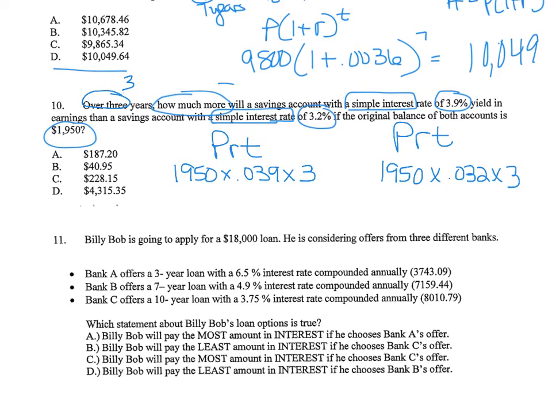The years was 3, so I did 1950 times 0.039 times 3, and then 1950 times 0.032 times 3. For the first one, I got 228.15, and the second one, I got 187.2. And when I subtract those, I get 40.95, which would be B.